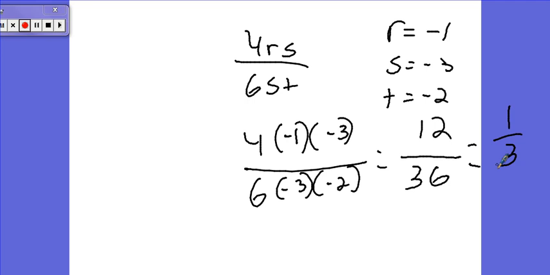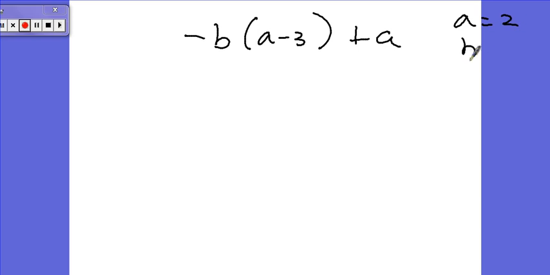Now what if you were doing a problem that looks like this? -b times a minus 3 plus a. I told you a equals 2, b equals -1, and I said justify each step. You would have to fill in the letter areas with the numbers. Now your book's not telling you to do this, but I'm telling you to do this for your sake.